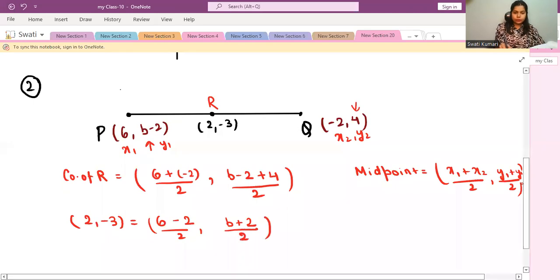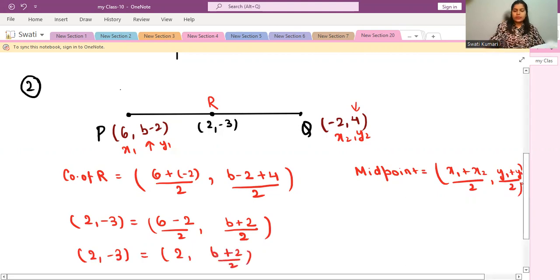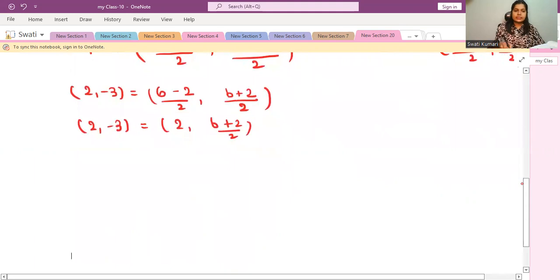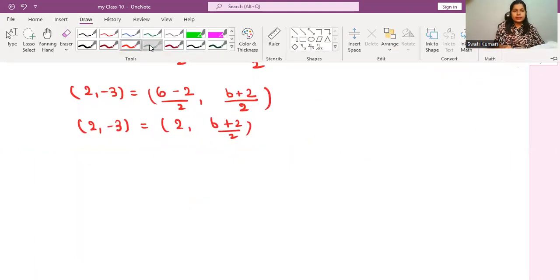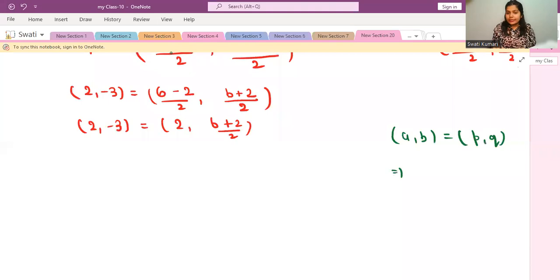All right, upon 2. Now this will become 2 comma minus 3 equals 6 minus 2 is 4, 4 upon 2 is 2, comma, and then this is b plus 2 upon 2. Now here we are going to use one concept: if we have a comma b equals p comma q, then this implies that a is equal to p and b equals q.